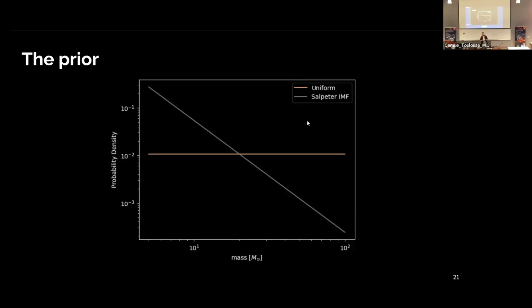So you may think that black holes would follow a similar relation, and therefore we're more likely to see lower mass black holes than higher mass black holes, and that's what's shown by the gray line in this plot here. So the prior is anything you want it to be, which is why you've got to be very specific and state what your priors are for any problem that you solve.